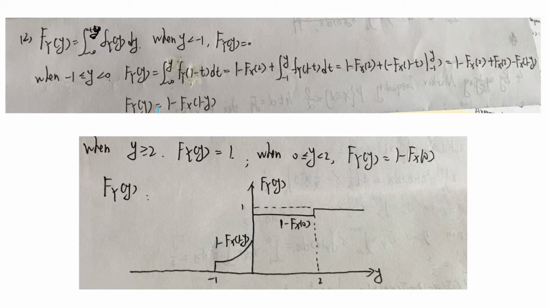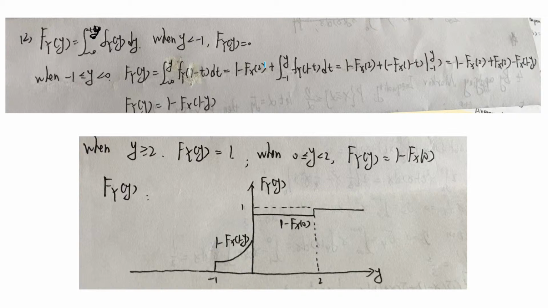So the second part is FY(y). We need to discuss the distribution function of y. Here, this is the formula to find the distribution function of y by using the probability density function of y. So we need to integrate fY(y) from -infinity to y, so we can find FY(y) here.